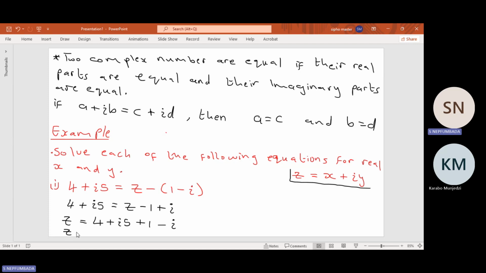So our z is equal to 5 plus 4i, which simply means that our x is equal to 5 and our y is equal to 4, while our z is this one.